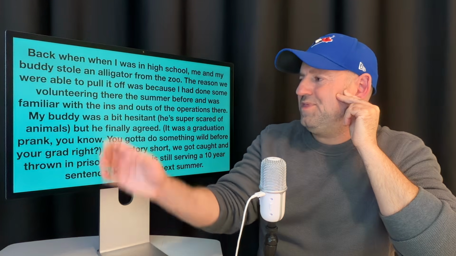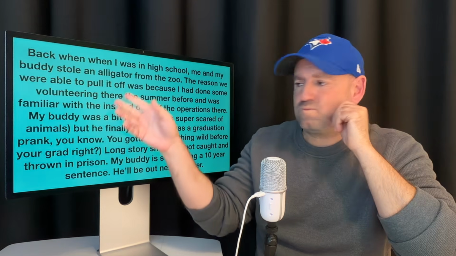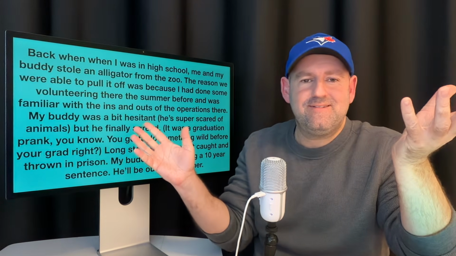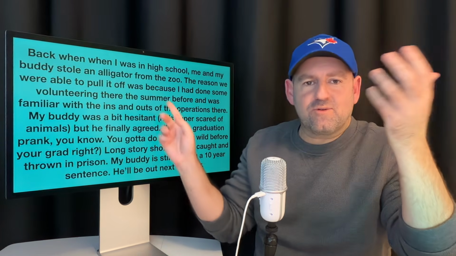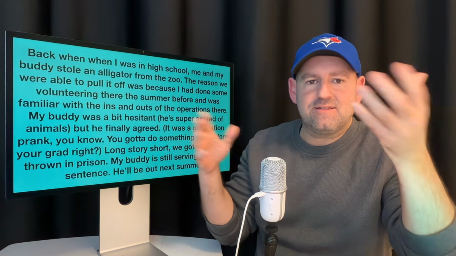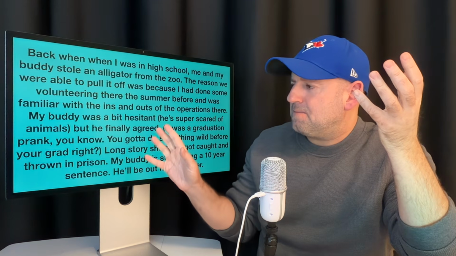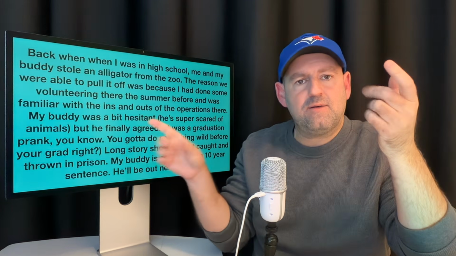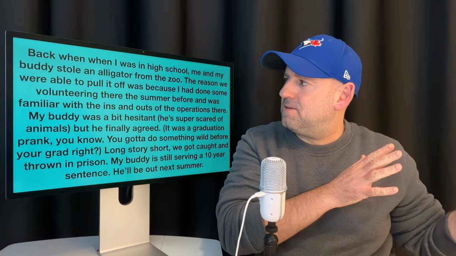So there are a lot of verb tenses here in this passage. Now, we're not going to go through each verb and figure out why the verb tenses are the way they are, but you'll notice there are different ones. This is all a story about the past, right? I'm telling a story about the past. Okay?